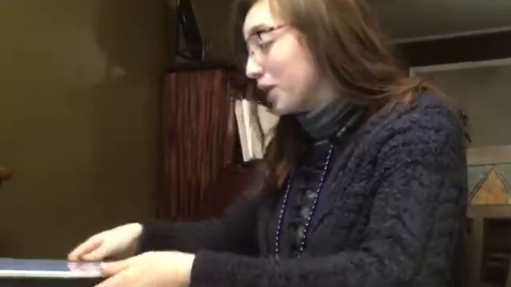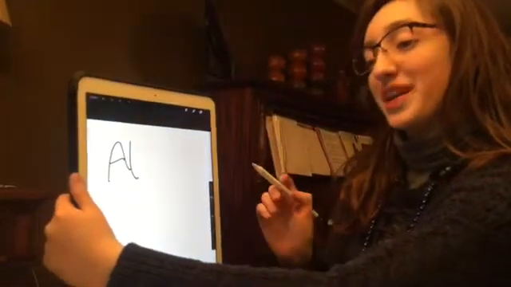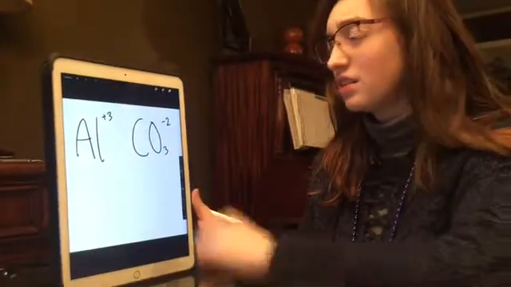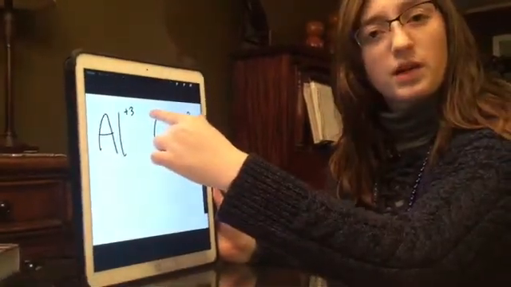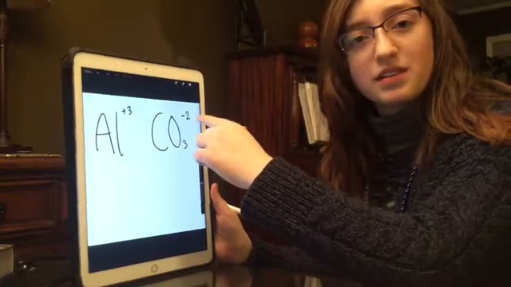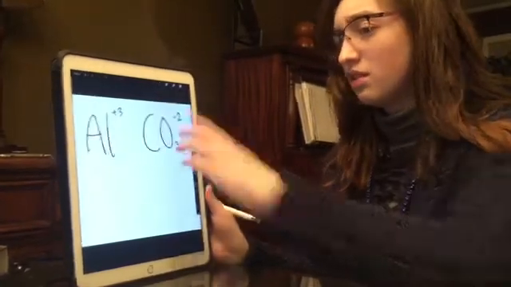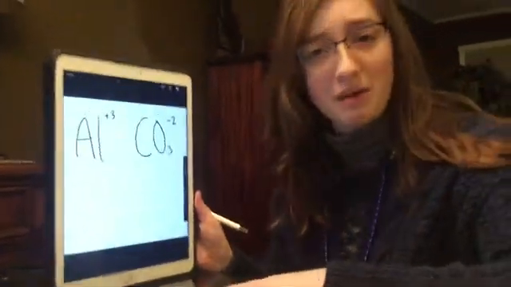Let's move to the work table, shall we? Let's bond aluminum and carbonate. But wait, aluminum has a charge of positive 3 and carbonate has a charge of negative 2. How are we supposed to bond them?